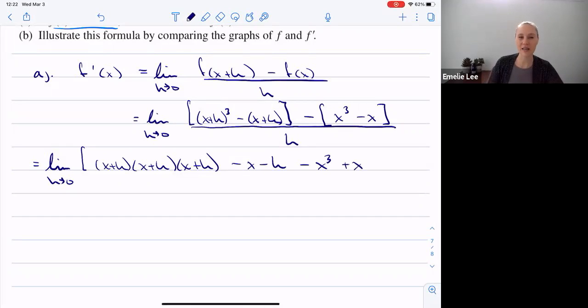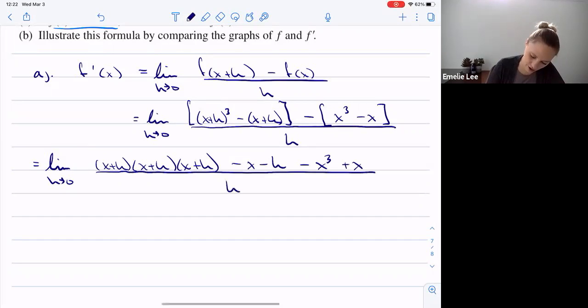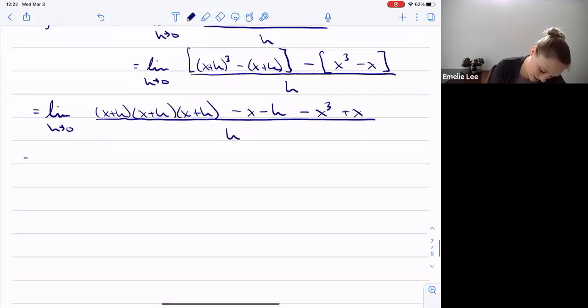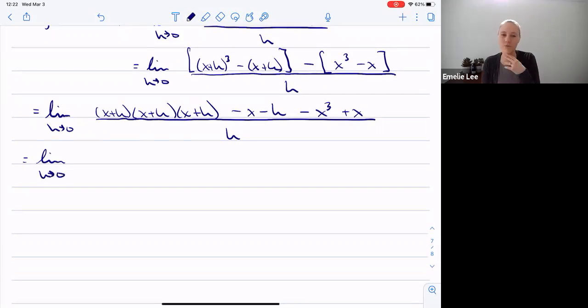As long as you're careful, I'm just going to expand that stuff. I like to do one FOIL at a time. So I'll expand the first two, and then I'll expand that into the third. Of course, if you're way faster than me at expanding this, then go for it. I am really slow, so that's okay.